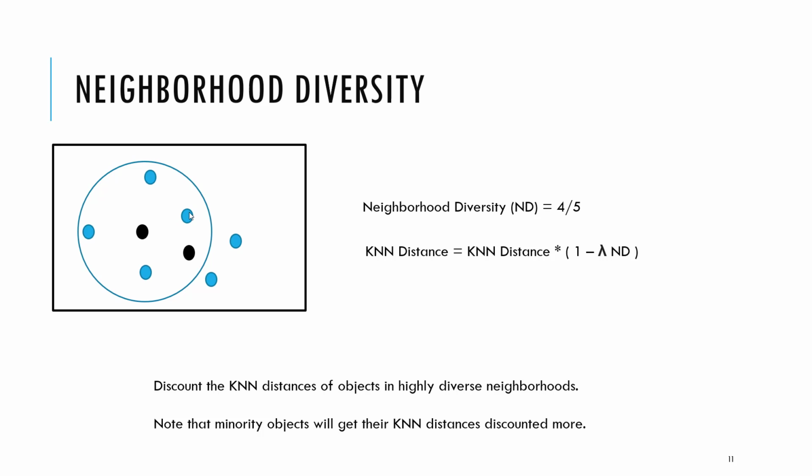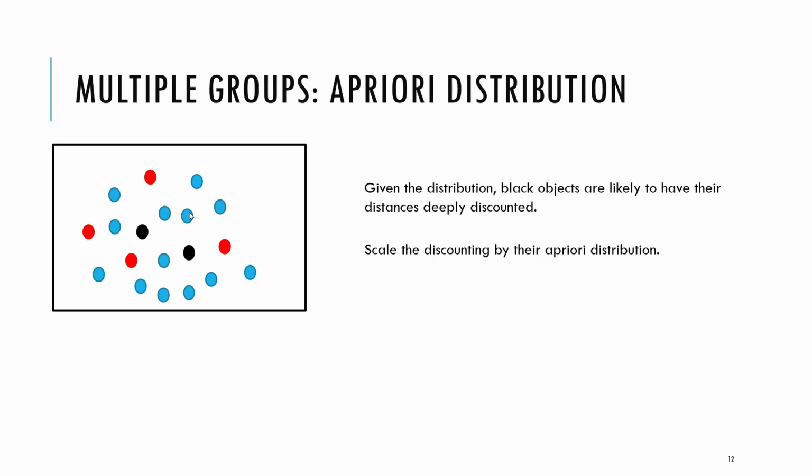So let's come to the next principle. So let us say that you have not just 2 groups, but you have maybe 3 groups. Let's say that this is ethnicity, you have 3 ethnicities, and you see from the distribution that while the blue ethnicity is the majority, and the second most frequent ethnicity is red ethnicity, and the least frequent is the black ethnicity.